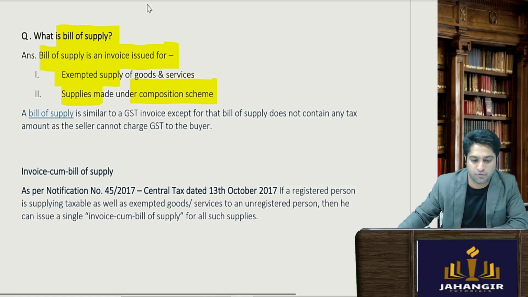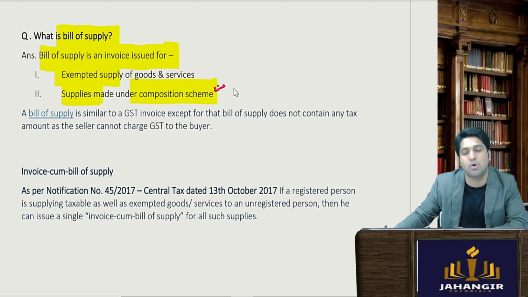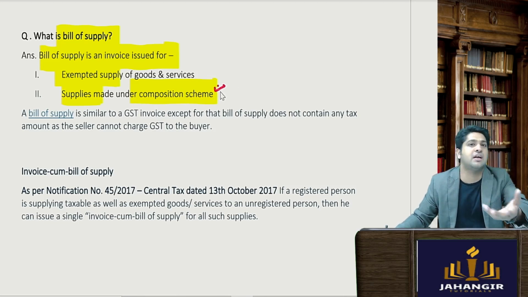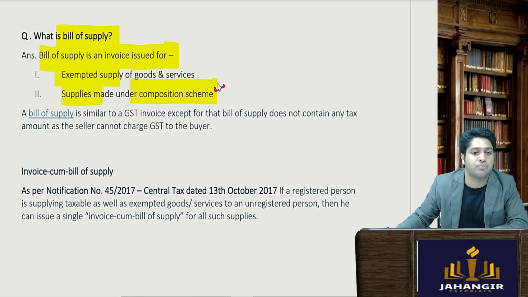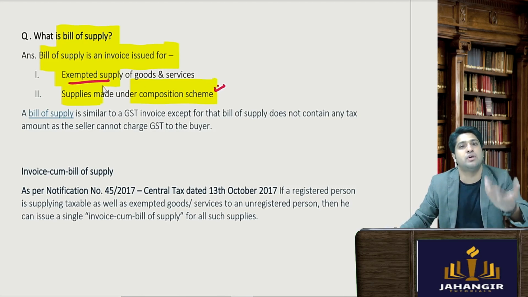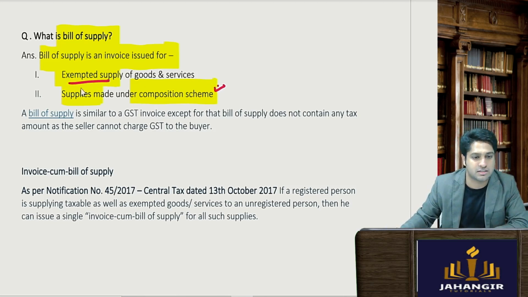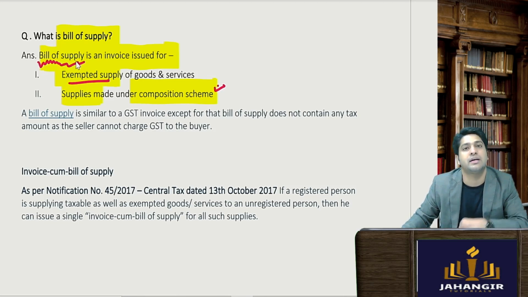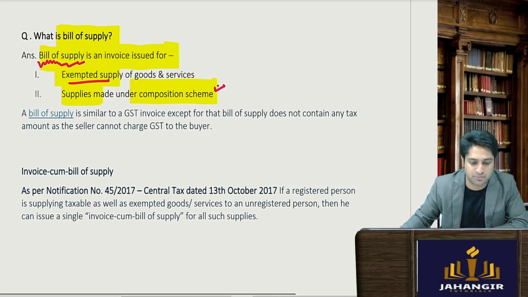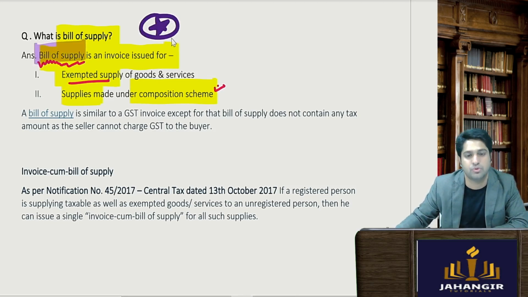So for them it works like exempt goods, where you can't collect any tax from the customers. Even in exempt goods, there is no tax that you can levy onto the customers. So when you can't levy tax, you can't issue a tax invoice. So you will issue something called a bill of supply. This is very important for you to know from an exam point of view.